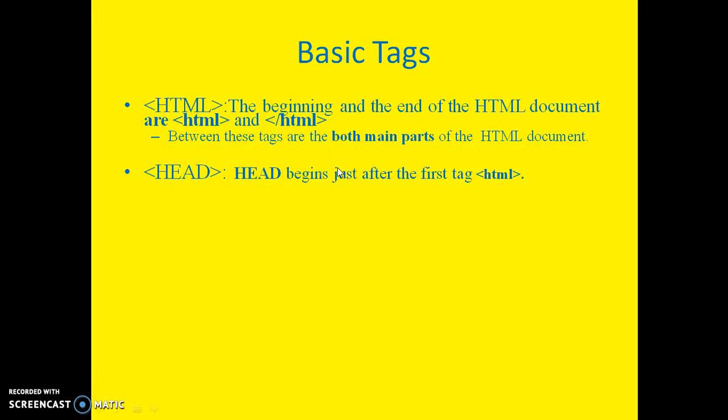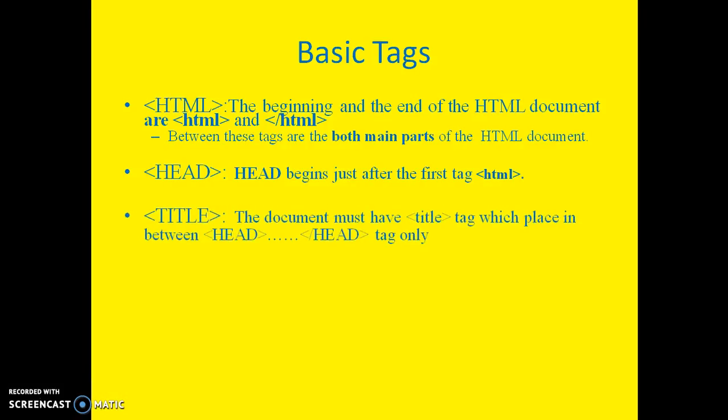It is for display purposes and we place it just after the HTML tag. Then inside the head tag, we have to specify the proper name or header title, so we use the title tag. The title tag is placed in between the opening and closing head tags. Inside the head we put our title tag.